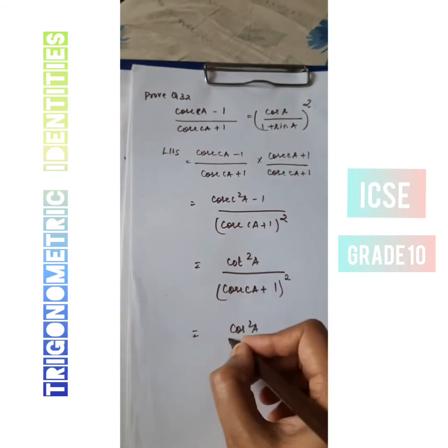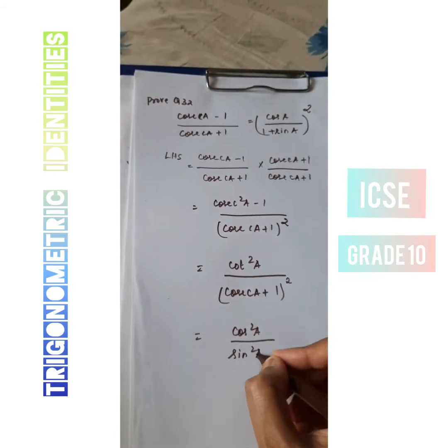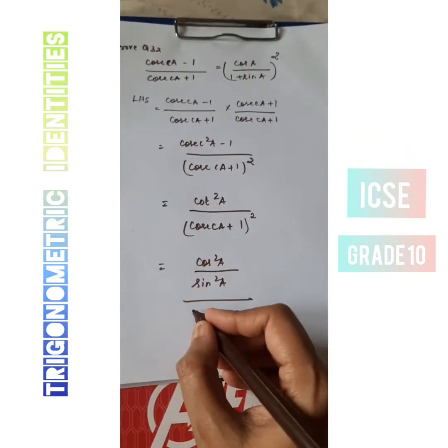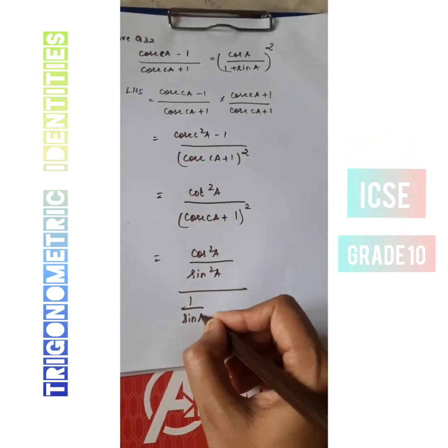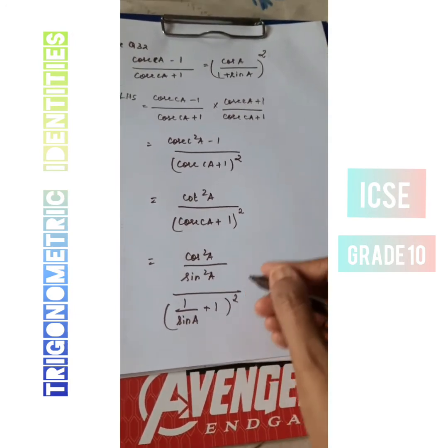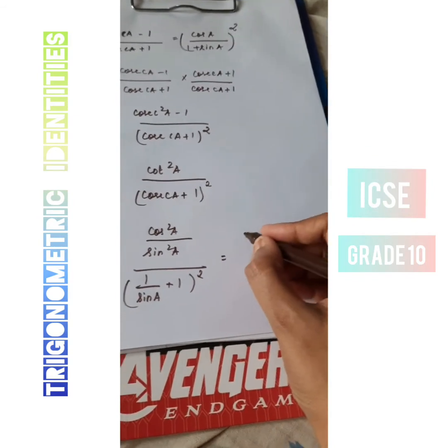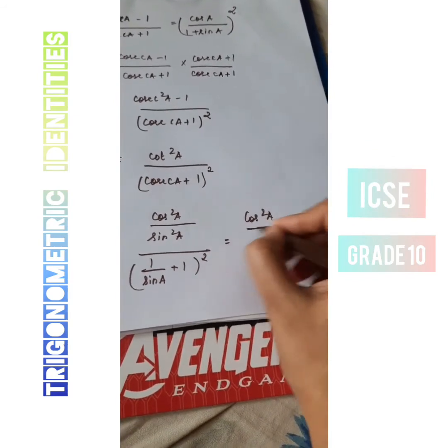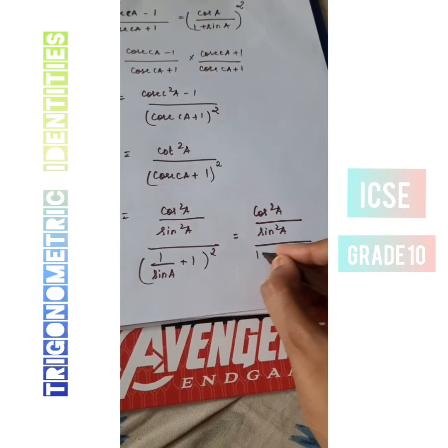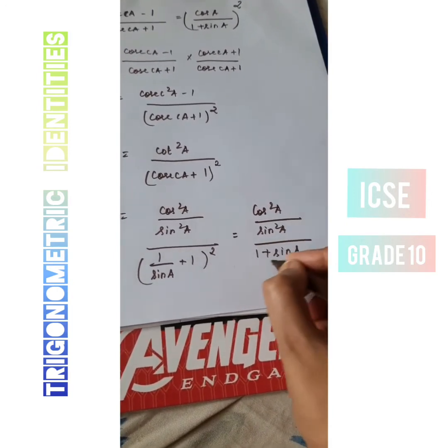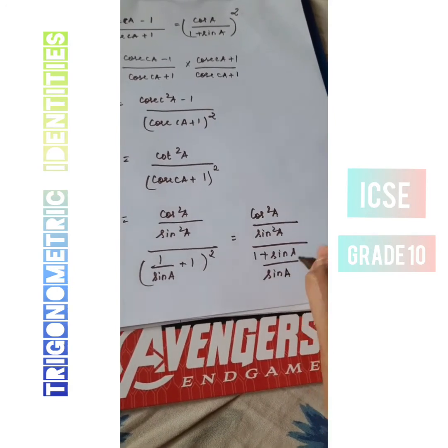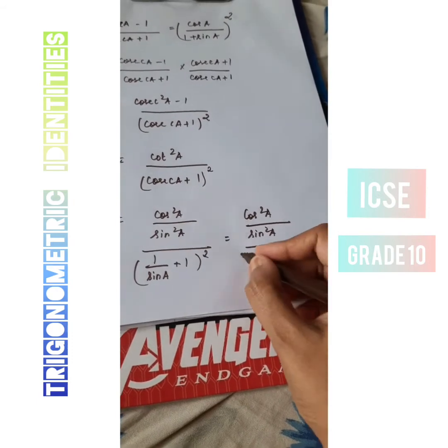So cot square A is cos square by sine square, and we know cosecant we need to write as 1 by sine A as it is the reciprocal, whole square. So cosecant square A is 1 by sine square A, and 1 plus sine A by sine A as per the LCM, whole square for the denominator.